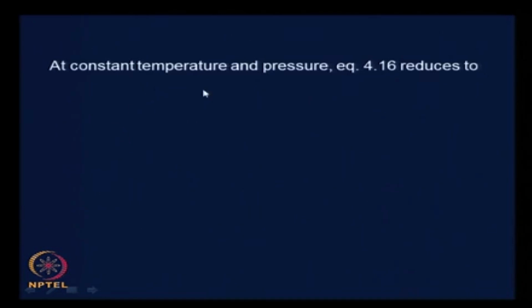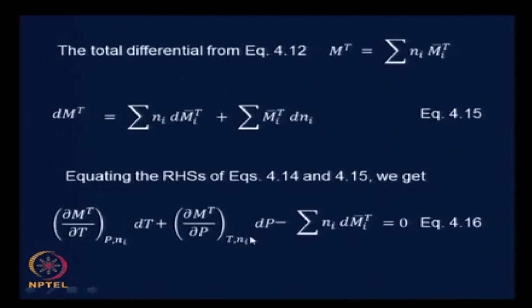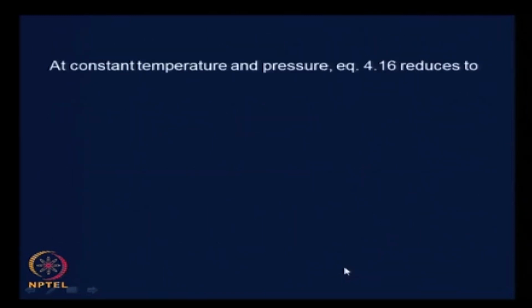If we do that at constant temperature and pressure, these two terms go to 0 because dT is 0 and dP is 0. Therefore, what remains is the summation of Nᵢ dM̄ᵢ equals 0. We will call this equation 417.